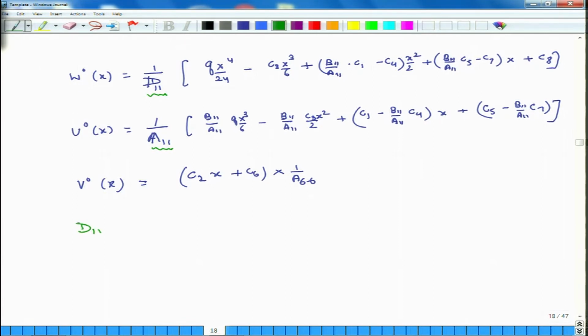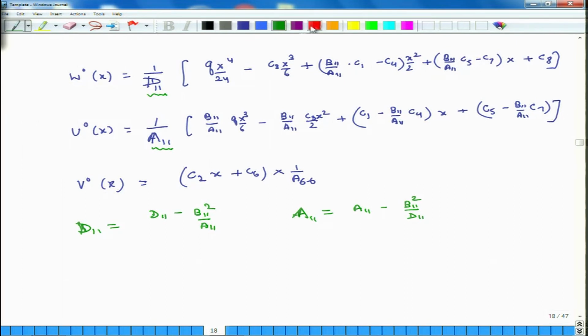This script d11 equals regular d11 minus b11 square over a11, and this script a11 equals a11 minus b11 square over d11.